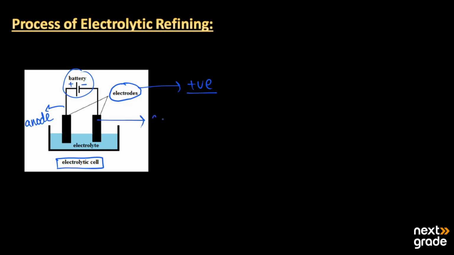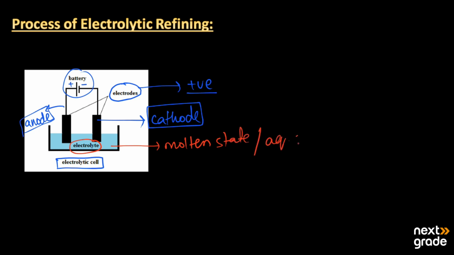This is called the cathode. And here the tank is filled with the electrolyte. An electrolyte is a substance that, in the molten state or as an aqueous solution, has the property to conduct electricity. So here the electrolyte works as a conductor for this process.